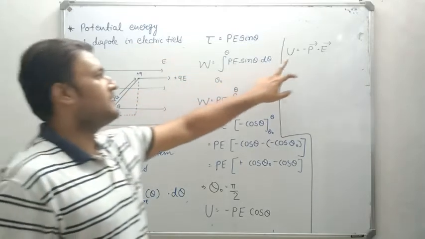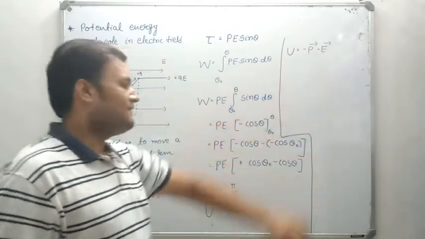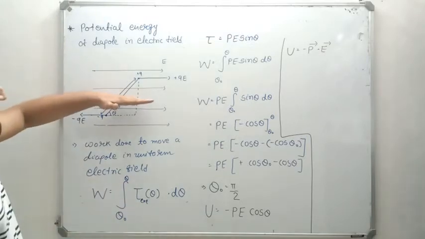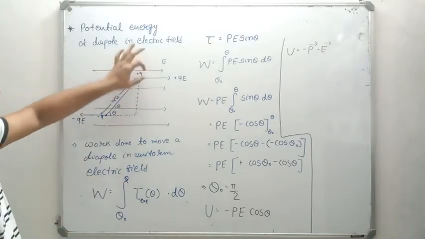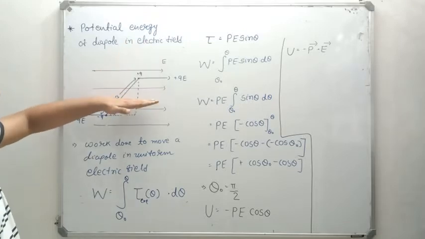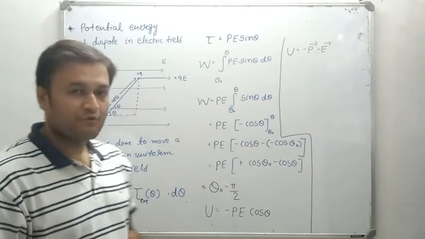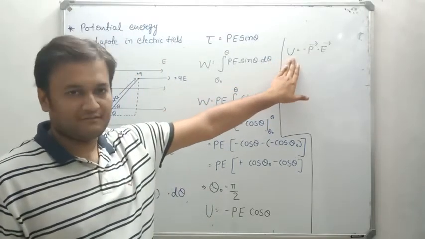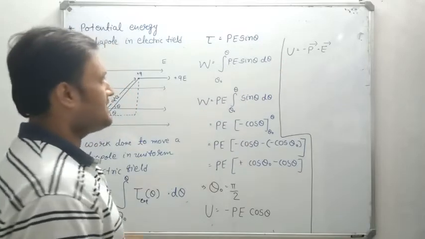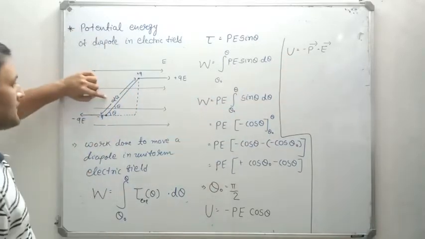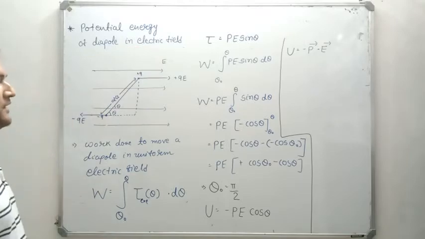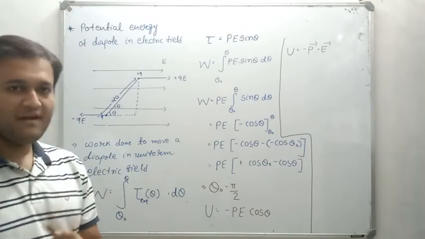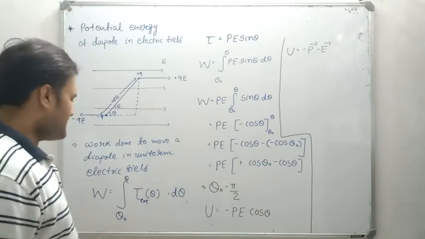There is also some loss of energy, because when we move the dipole from parallel to the electric field, some heat energy is produced, so there is some loss of potential energy in this system. That is why there is a minus sign, since we have to do work against the electric field. This is a very important question asked in the board exam for 3 marks. It is very simple.